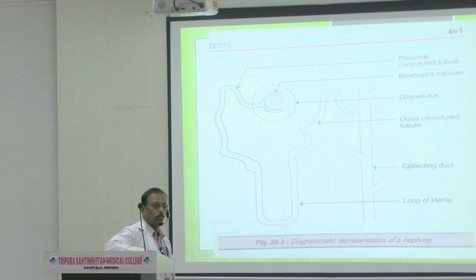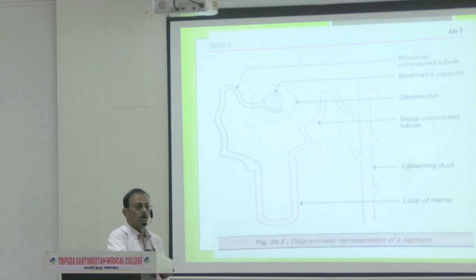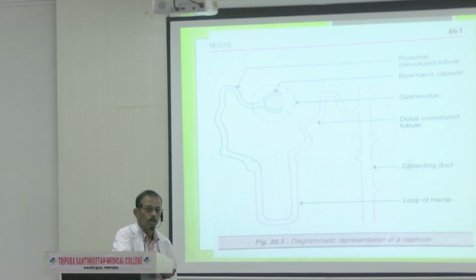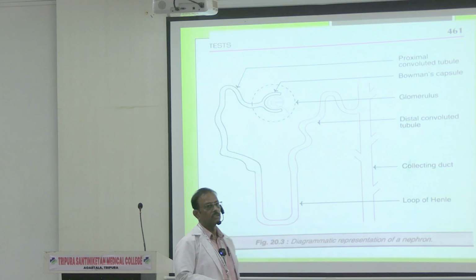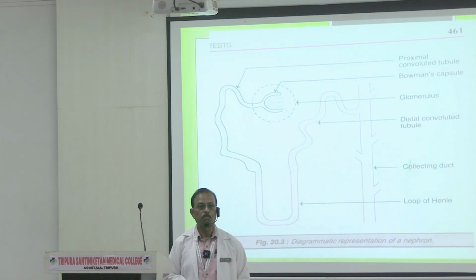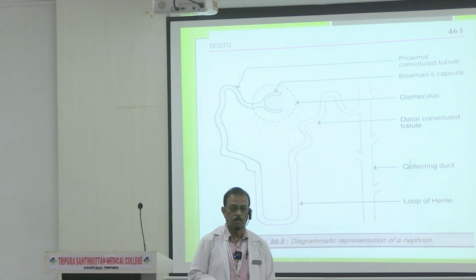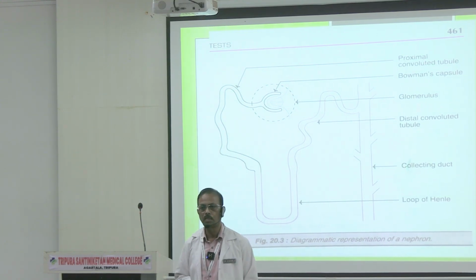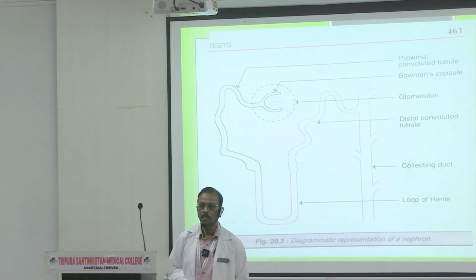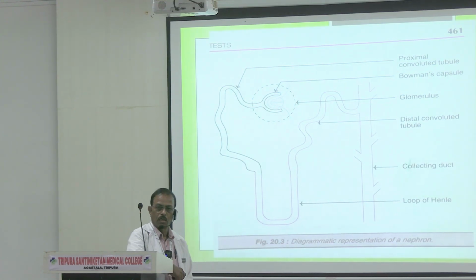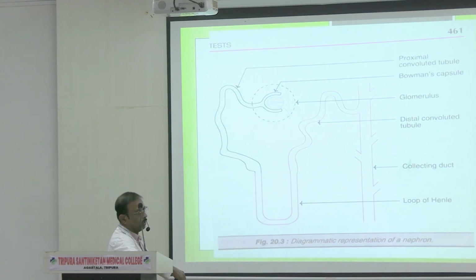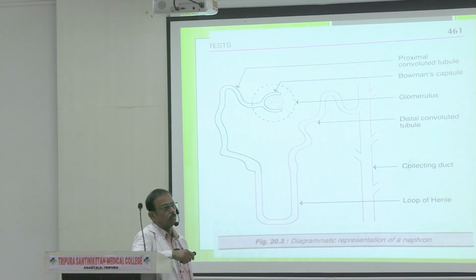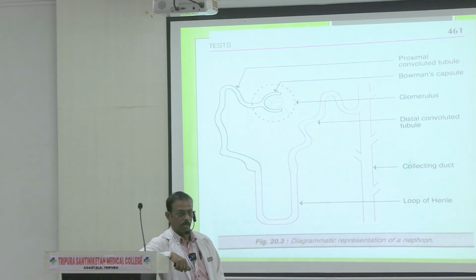The glomerular filtrate contains similar components to that of plasma, except proteins having molecular weight more than 69,000 Dalton. So its composition is almost like a plasma.